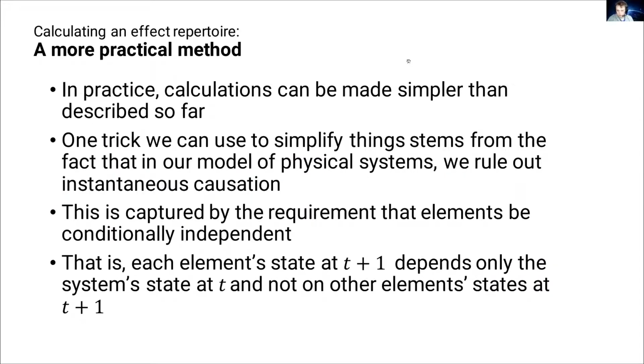So to get back to Dylan's question from before, in IIT, the way they define the system and the elements is that each of the elements has to be conditionally independent from each of the other elements at some time point. So they mean that the element state at time point t+1 only depends on the system state at the previous time point and not on the state of any of the elements at the current time point.